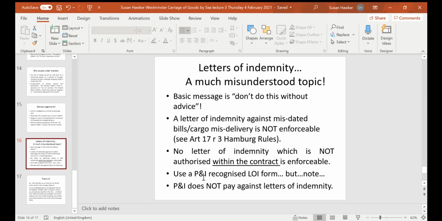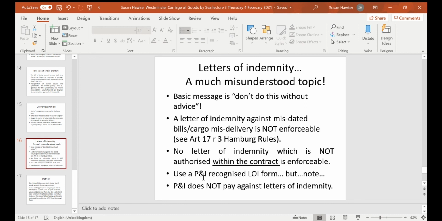So it must be a P&I recognised letter of indemnity form. At this point, if the letter of indemnity provision is in the contract, and an appropriate letter of indemnity P&I club form is used, then the indemnity promise is enforceable.